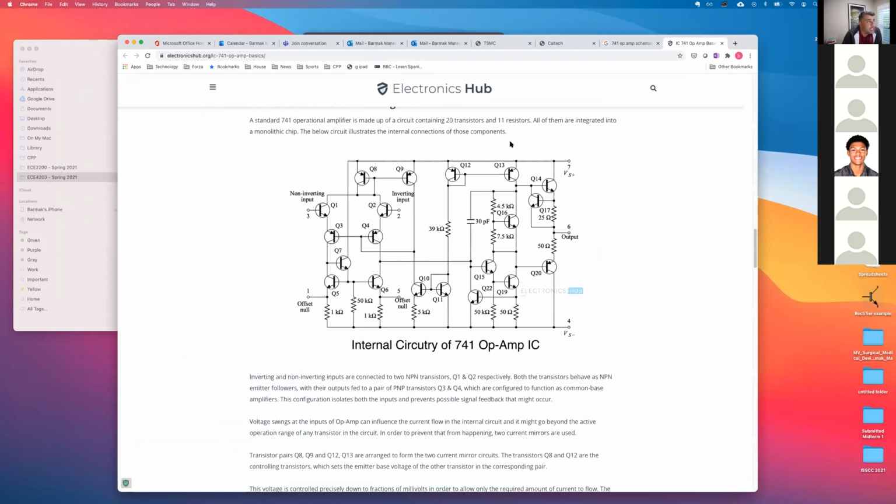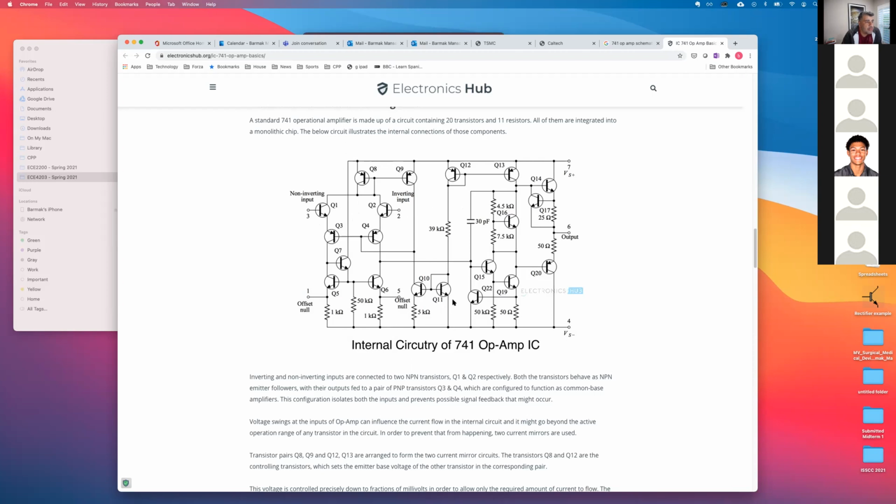Okay, great. Thanks, guys. So here, for example, you see Q1 and Q2 are NPNs, but then Q8 and Q9 sitting on top are PNPs. You're just going to have to take my word for it, but the way Q8 and Q9 are configured, it makes Q8 look like a current source for Q1 and Q2, to basically set the current through Q1 and Q2.